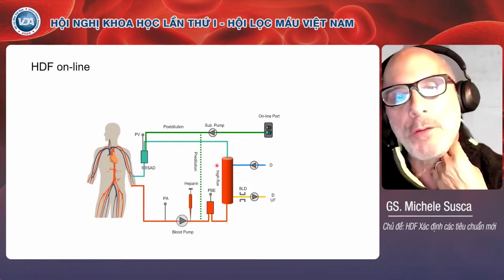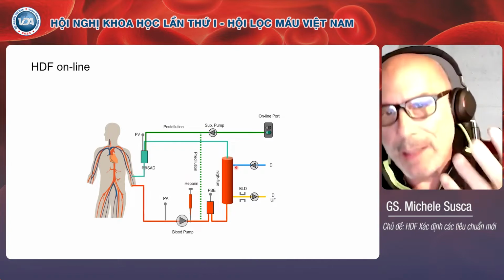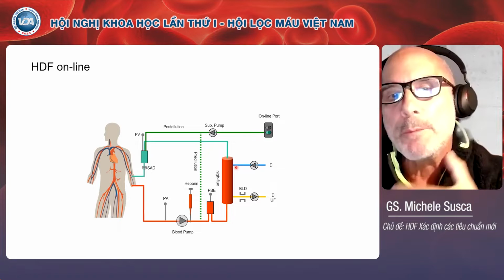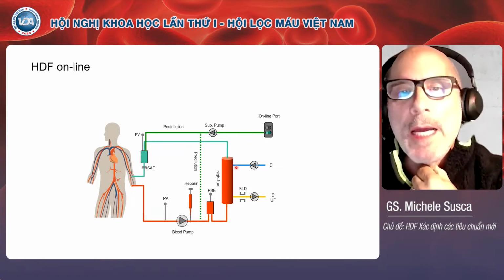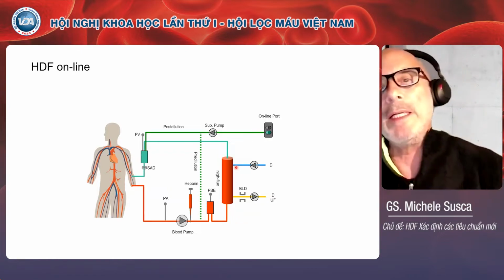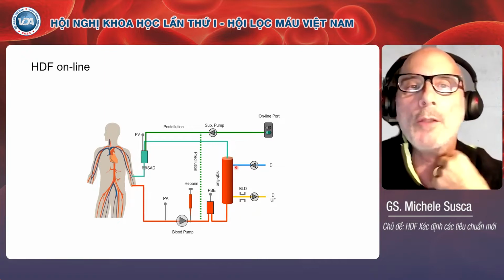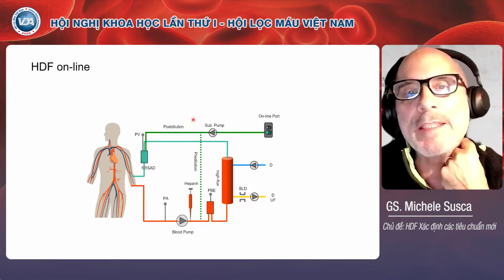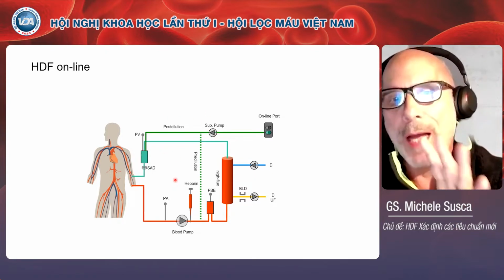In such a treatment, we need a dialysate flow of, for the standard one, 500 milliliters per minute. Here in HDF treatment, we need a little bit more, up to 600 milliliters per minute, because we need a part of this fluid to be used as substitution solution. Okay, so now you understand.